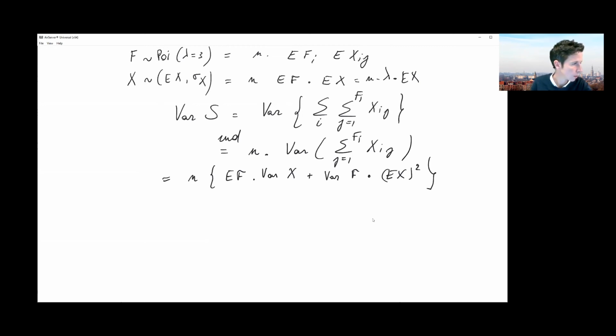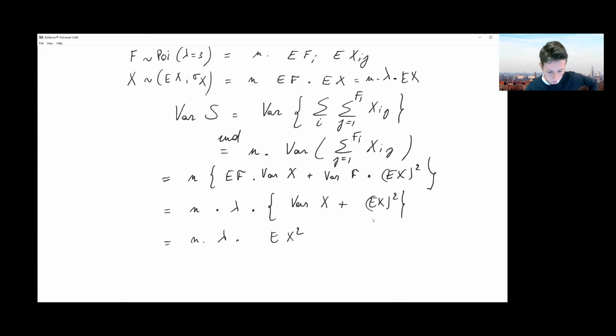Yeah, very good. Milou and Sebastian. So in this particular case, because f is a Poisson, the expected value is equal to the variance. So we can write this eventually as n times lambda times the variance of x plus the expected value of x squared. And then, of course, in the last step, I can further simplify this by saying, okay, that's the expected value of x squared.